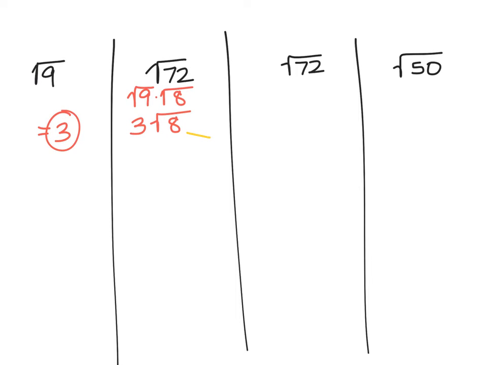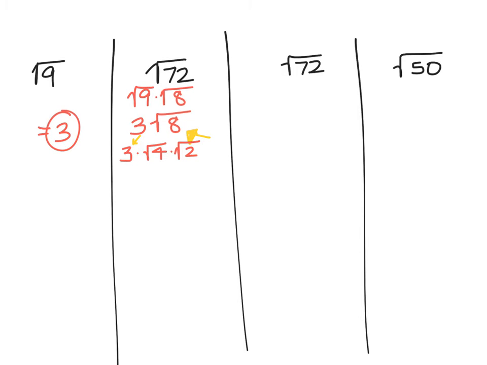Now, here's the thing. This is not all the way broken down because there's actually another perfect square number hiding inside of 8. And hopefully it doesn't take you too long to realize that that square root number is 4. So I'm going to write this as 3 times the square root of 4 times the square root of 2. Okay, so this 3 is just falling down, and then the 8 is splitting to become the 4 and the 2.